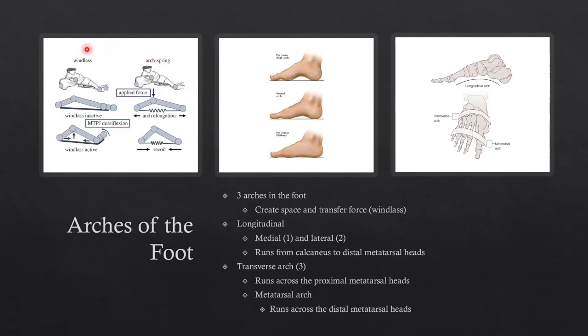So for the windlass mechanism, and you can actually do this on yourself, whenever you dorsiflex the metatarsophalangeal joint of your first digit, so just dorsiflexing your big toe, what you should see is the formation of your medial longitudinal arch.